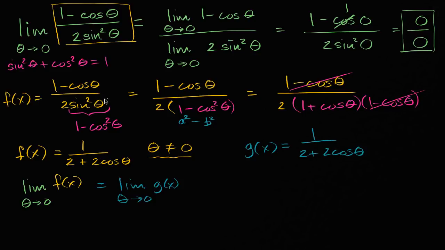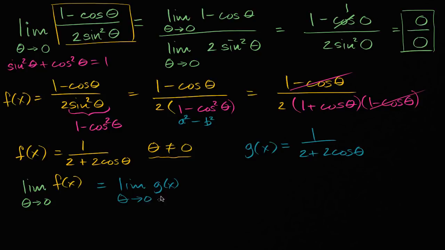So to be clear, if you want to say this is the function you're finding the limit of, you have to put this constraint in to make sure it has the exact same domain. But lucky for us, if we found another function that's continuous at that point and doesn't have that point discontinuity, the limits are going to be equivalent.